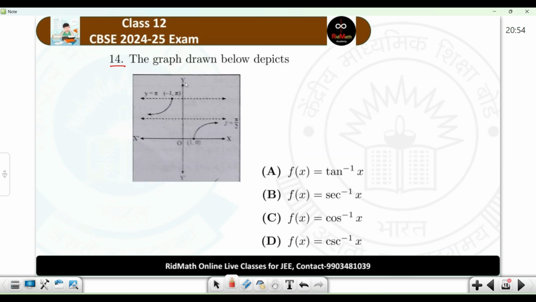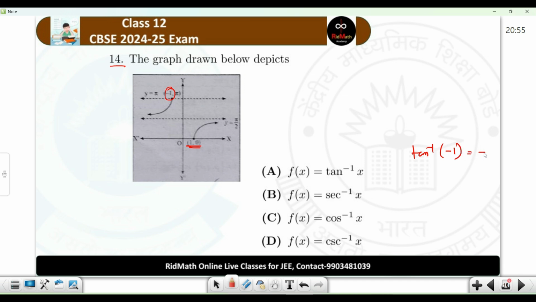Problem number 14. The graph drawn below depicts what? So if you can see, this is minus 1 comma pi and this is 1 comma 0. So if we put x equal to minus 1, then what is tan inverse minus 1?